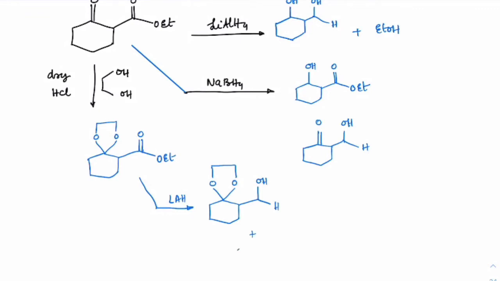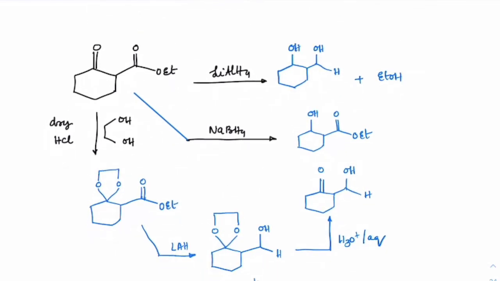Once you get this, by hydrolysis with H3O plus, in aqueous condition, we just learned that acetals will undergo hydrolysis and retain back the keto form. So that's how ketones and aldehydes can be protected. In many cases we will see how we protect the double bond, and from there we get very selective reduction. I hope you guys understood that.